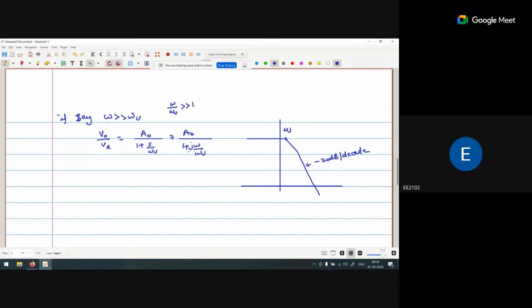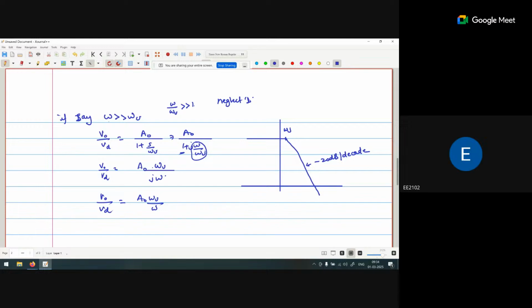So if this component is greater than 1, can I neglect the 1? So V naught upon Vd is nothing but A naught omega u upon j omega. And if I take the magnitude of V naught upon Vd, it is A naught omega u upon omega. Now with respect to omega, my gain will be affected.